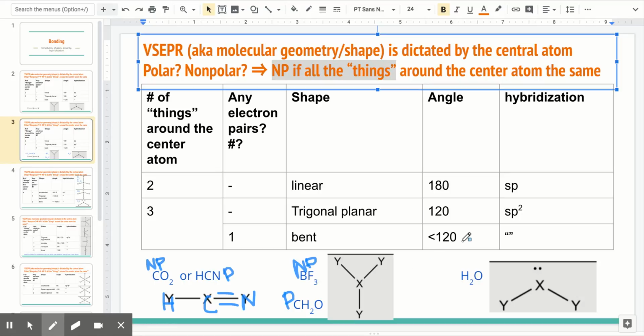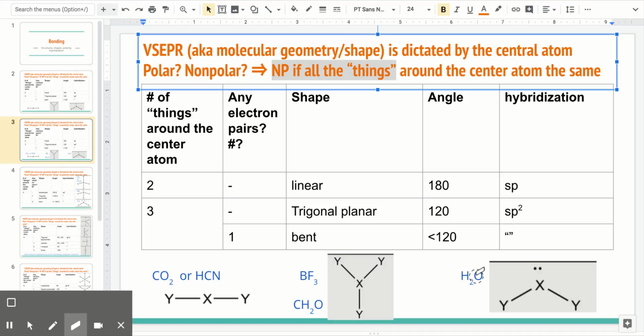Okay? And then this other example, a common example, actually this is the wrong kind because bent would have 2 electron pairs on the oxygen. So ignore my example for right now. But if you had something where we have a center atom and 2 things are atoms and 1 thing is an electron pair, we have 3 total things around the center.